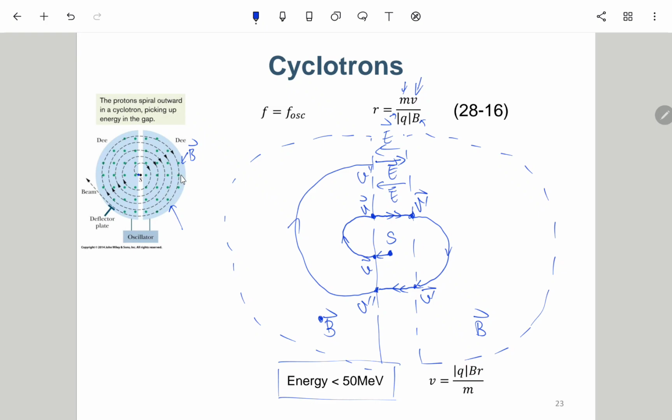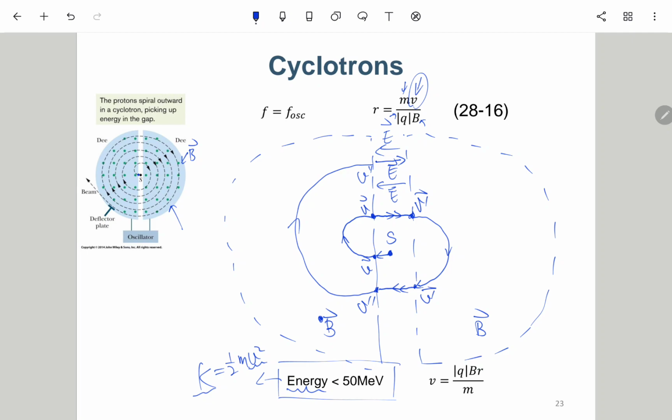If we need to generate the B field in a whole circle, and we want the energy to be larger, the energy means kinetic energy. Kinetic energy is 1/2 mv squared, and m is a constant. So if we want this energy as large as possible, we want the velocity to be as large as possible.